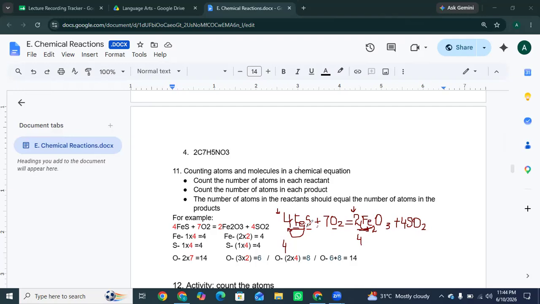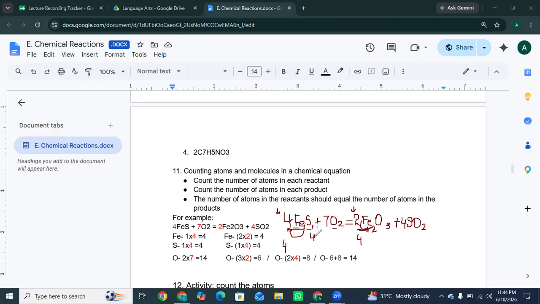The next one is sulfur. On the left side is 4FeS. As you can see, sulfur doesn't have any small number, which means it has one atom. So 1 into 4 means 4. You can write the small 1 for understanding.